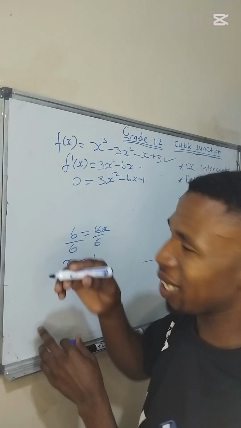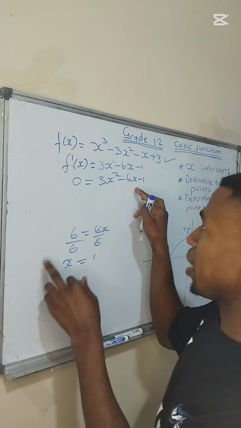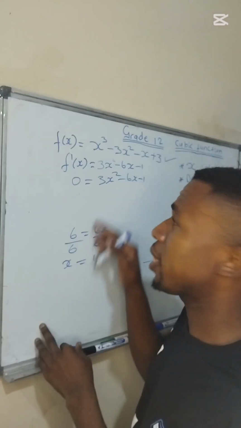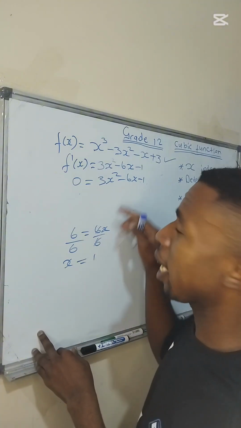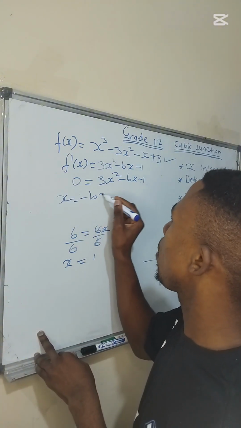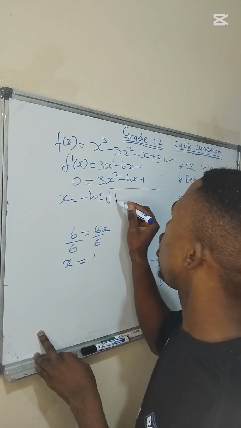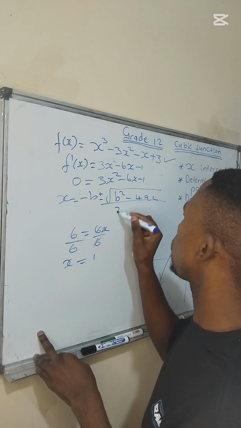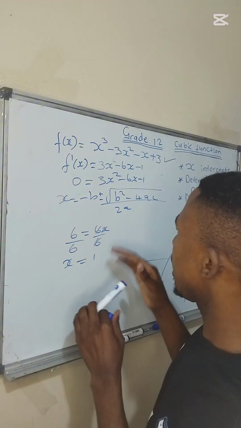Then let's use our quadratic formula, because this is a quadratic equation, to find the x-coordinates of the turning points. So we have x equal to minus b plus or minus the square root of b squared minus 4ac, divided by 2a.